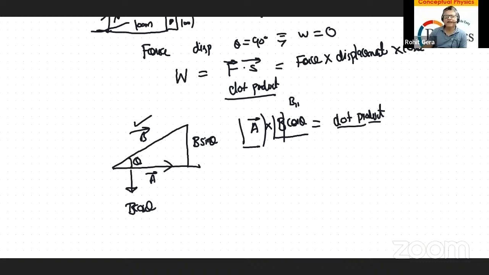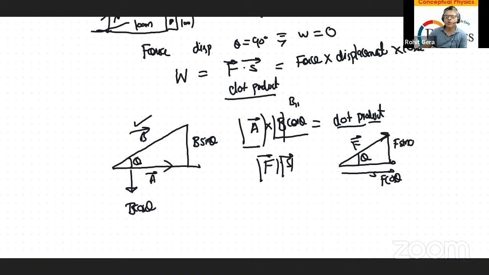B cos theta is in the same direction as A, and similarly if you notice F dot S, this is F and this is S, and there is an angle between them, the component of force which is in the direction of S is F cos theta, the projection of F on S. F sin theta also exists, but plays no role in work done because it is perpendicular to the direction of displacement.